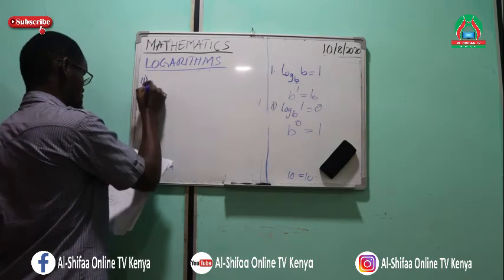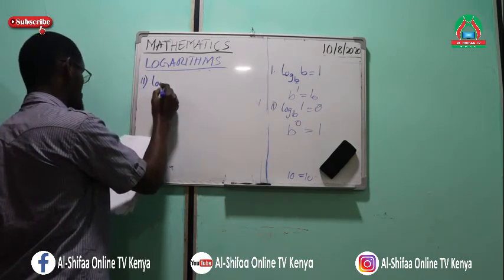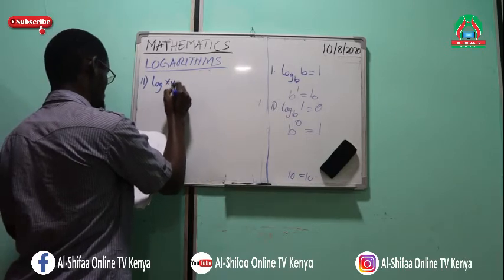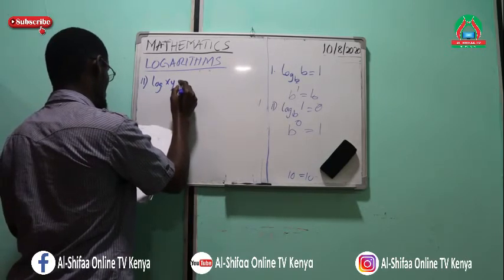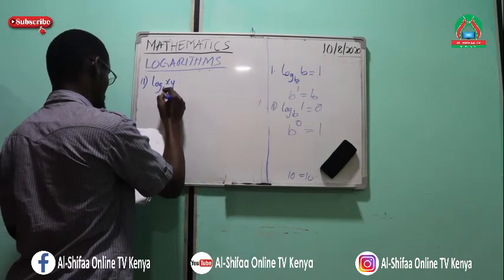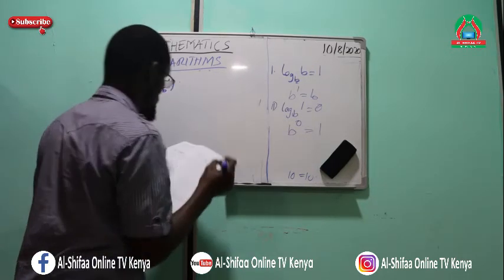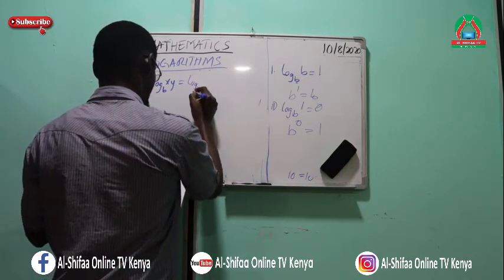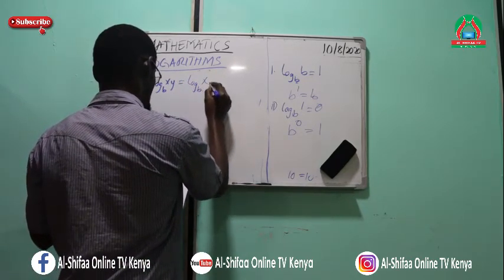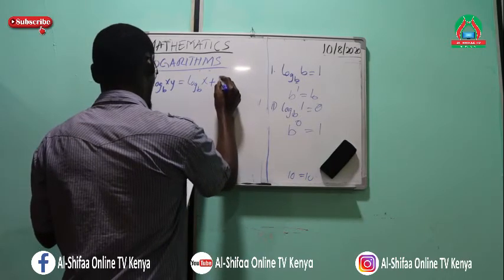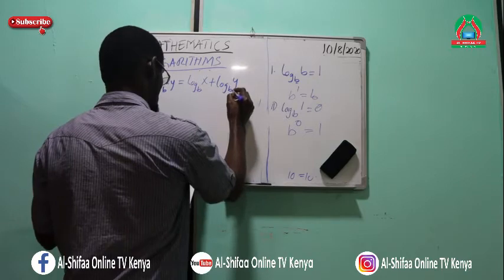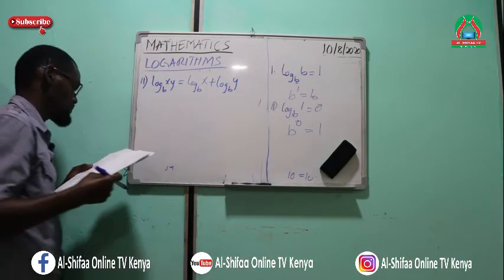Then you have log of xy to the base b is equal to log x to the base b plus log y to the base b.